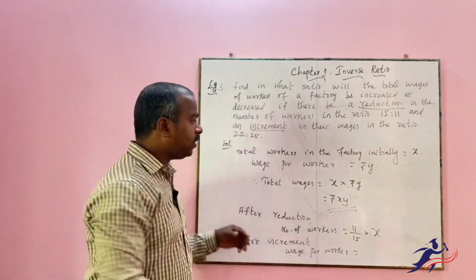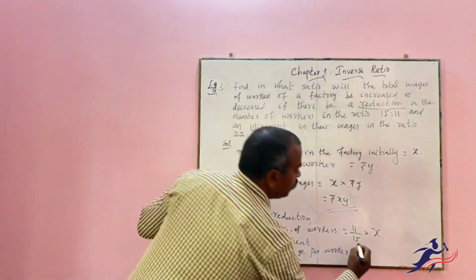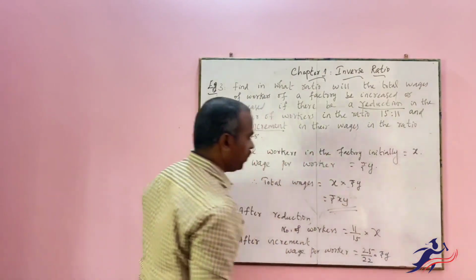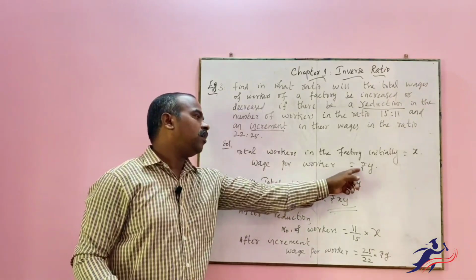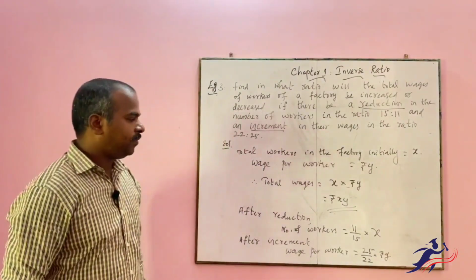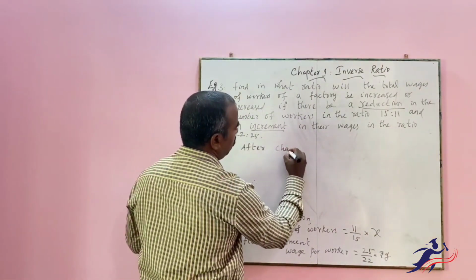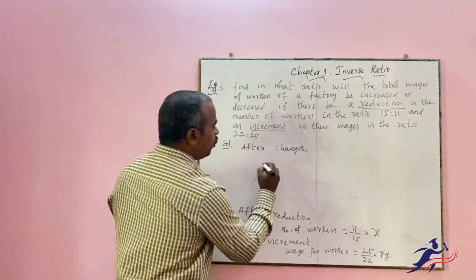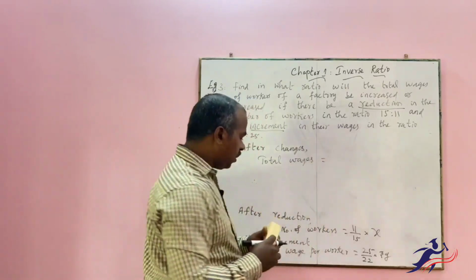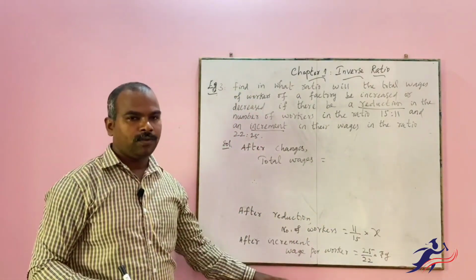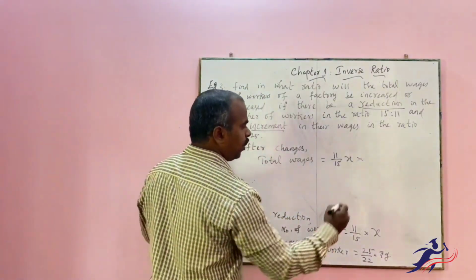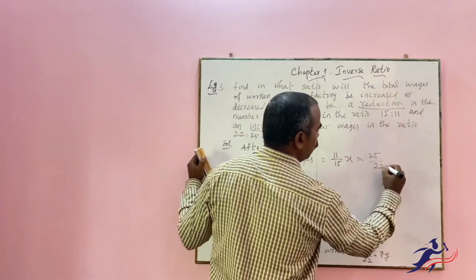Therefore, we get a new quantity, that is B by A, that is 25 by 22 into rupees Y. Y is the wage per worker, that is originally rupees Y. After changes, total wage is equal to number of workers into wage, that is 11 by 15x into 25 by 22y.